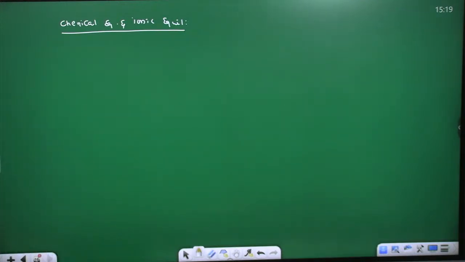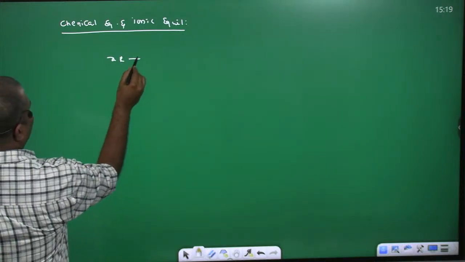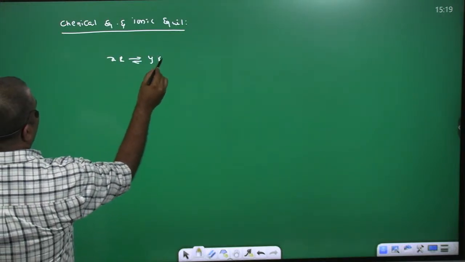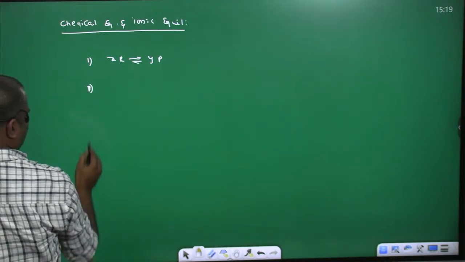In chemical equilibrium and ionic equilibrium, how do we write? For example, X moles of reactants convert into Y moles of products. Then we are going to write Kc and Kp. From here you are going to start.